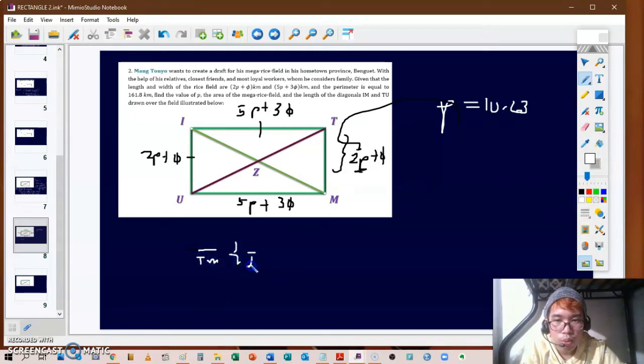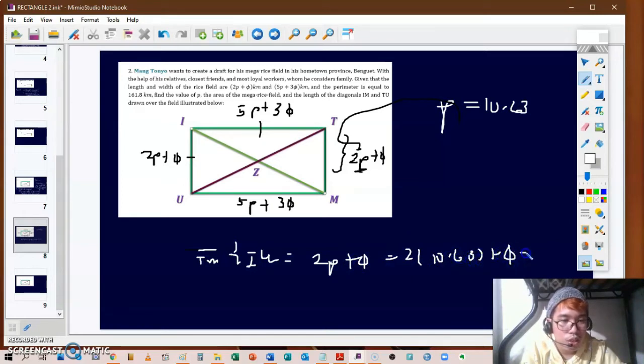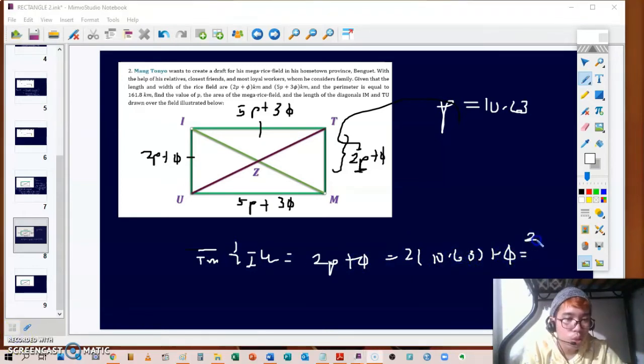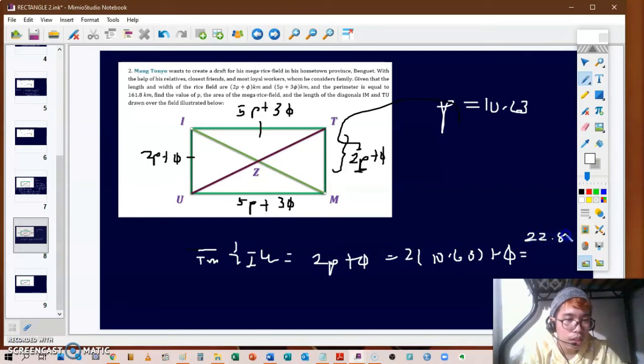and IU is going to be 2P plus phi, and that's going to be 2 times 10.63 plus phi, and that's going to be 22.88 kilometers. So we're finished with TM and IU.